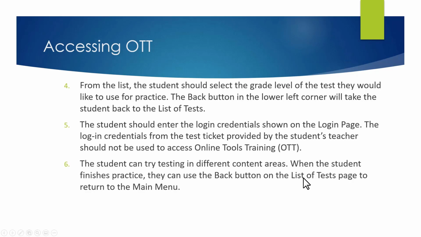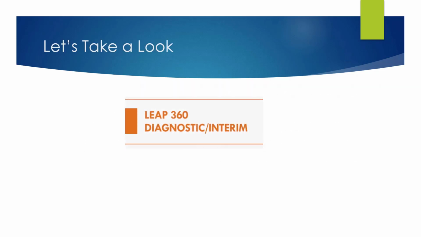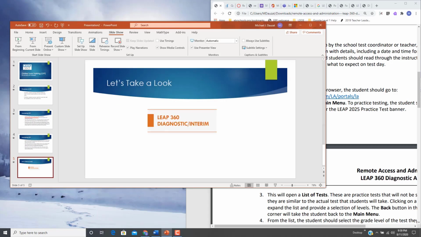Number 6, the student can try testing in different content areas. When the student finishes practice, they can use the back button on the list of tests page to return to the main menu.